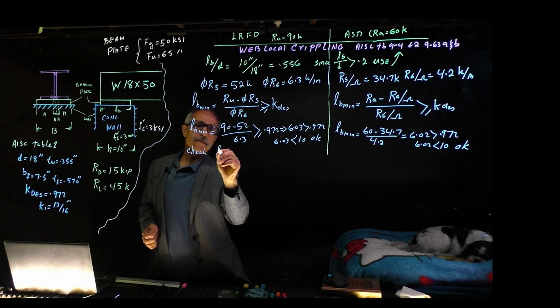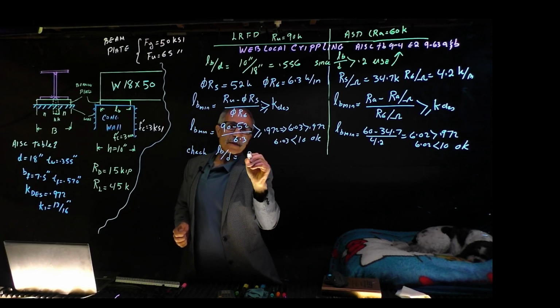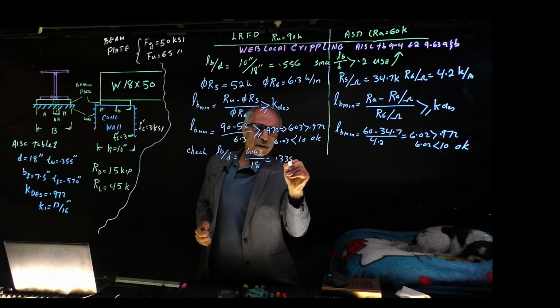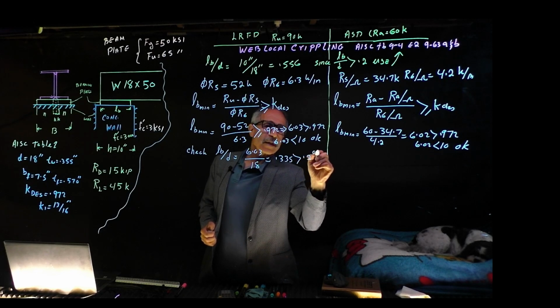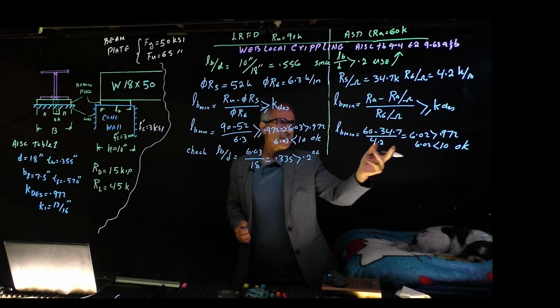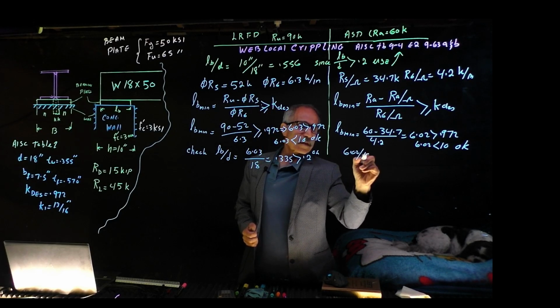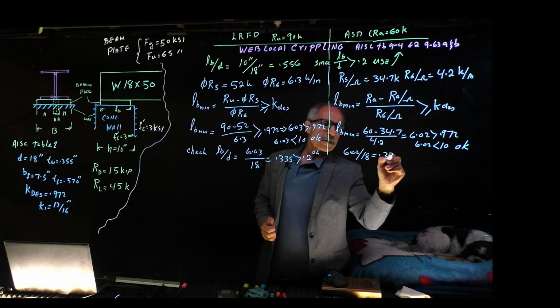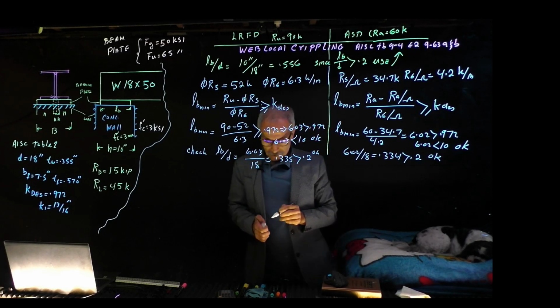We're going to have LB over D, and our LB is 6.03, and divide that by D, 18 inches, comes out 0.335, which still is bigger than 0.2, so we okay here. And that's going to be the same thing because it's the same number anyway. 6.02 divided by 18, and probably same number, 0.334. Bigger than 0.2, we still okay there too.